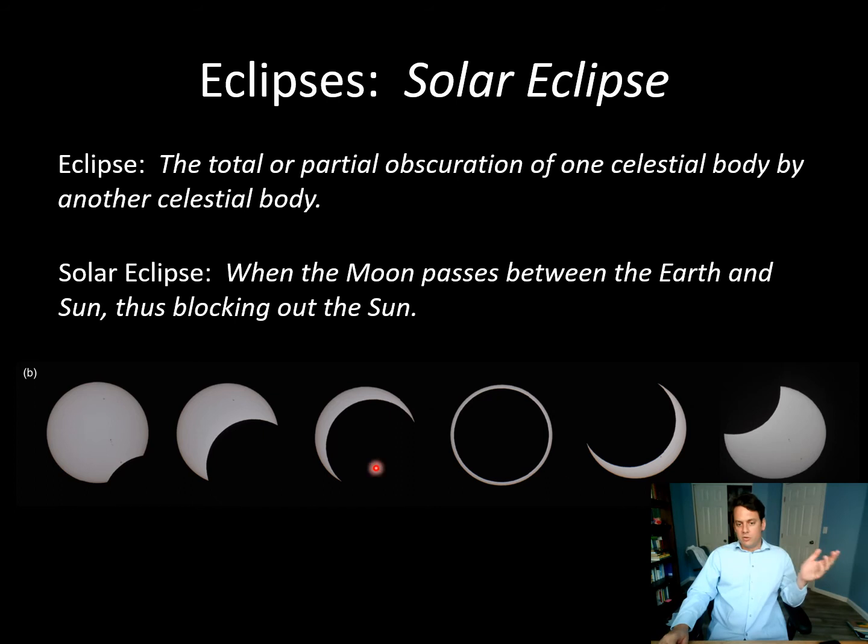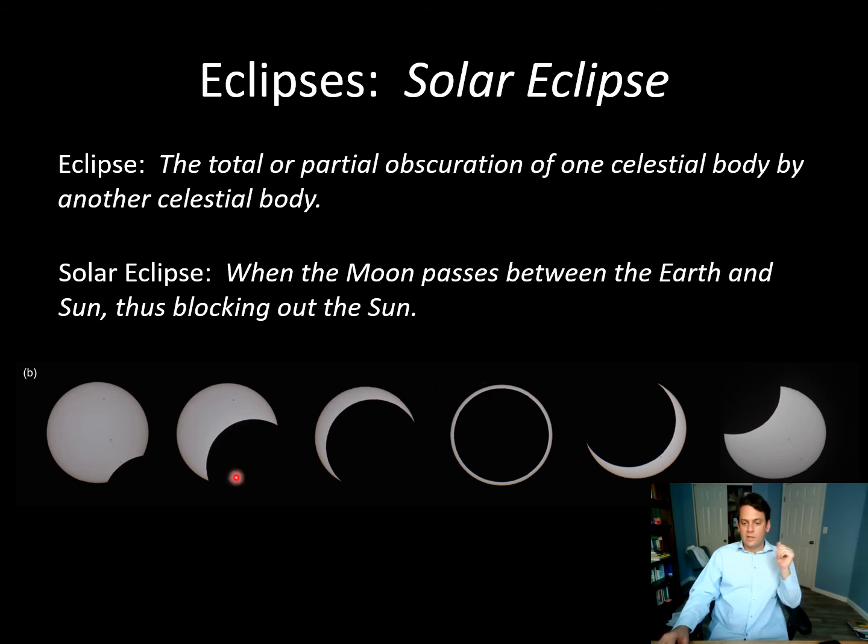But here are some pictures of a particular solar eclipse where you see that, here's the sun, and the moon is coming in. First, just a little bit is blocked, and then more and more. Finally, in this particular case, we'll talk about it in more depth in a little bit, we call this an annular eclipse because the moon is completely in front of the sun, but there's just a little ring of the sun that you can actually still see, and then the moon moves off, and the eclipse moves towards its completion.